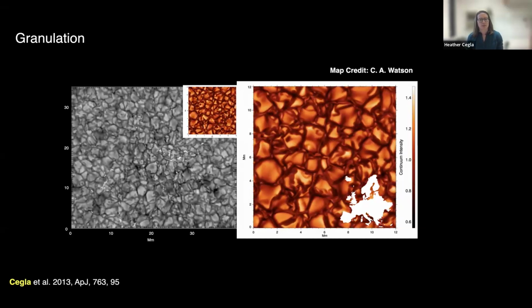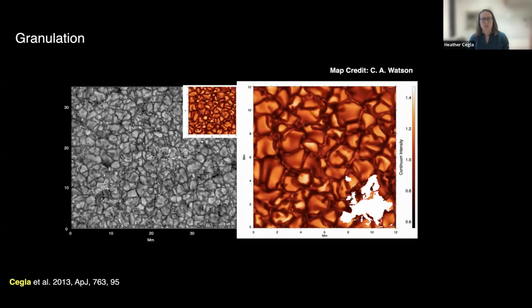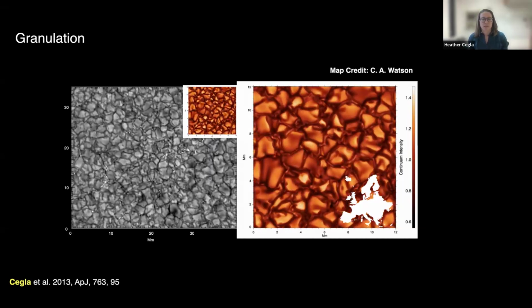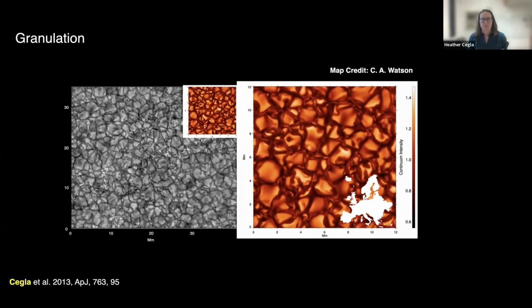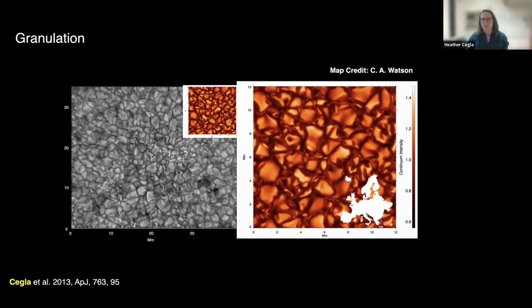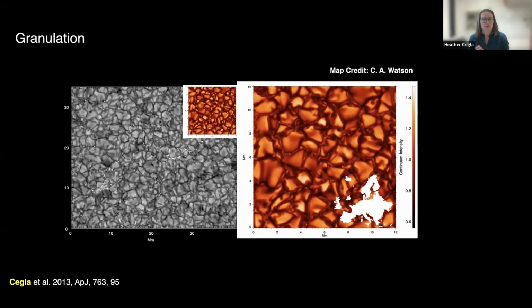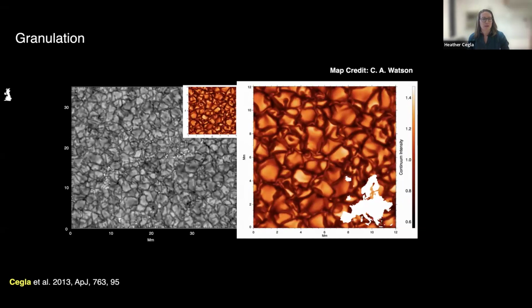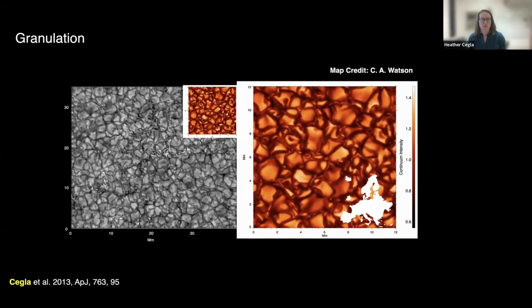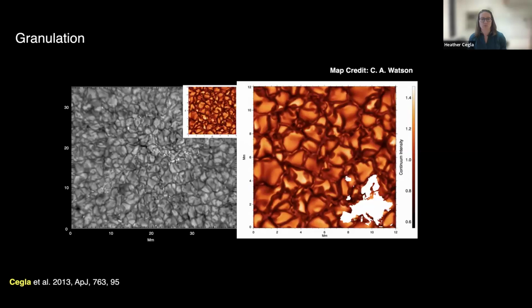So I'm just showing you an example here of some old simulations from MURaM. They're 3D magnetohydrodynamics, 12 by 12 megameters. There's a plot of Europe to scale here, courtesy of Chris Watson. And then just showing you against the backdrop of some solar observations, so you can see how realistic these things really are.